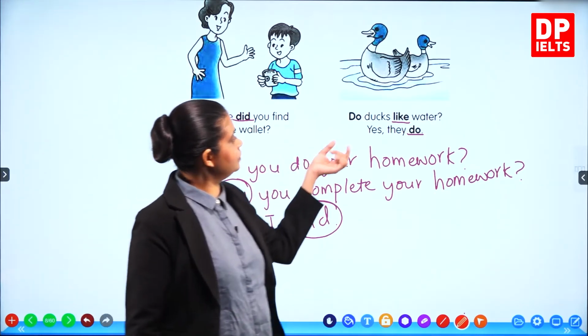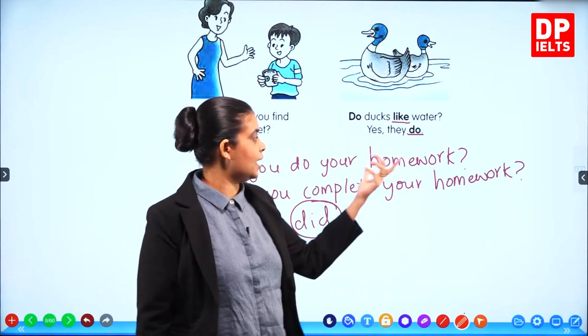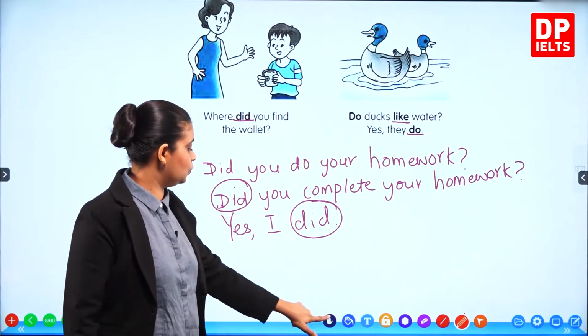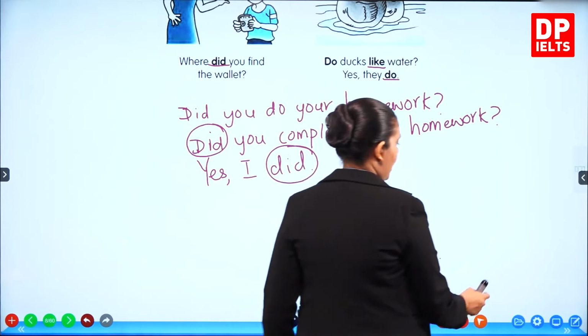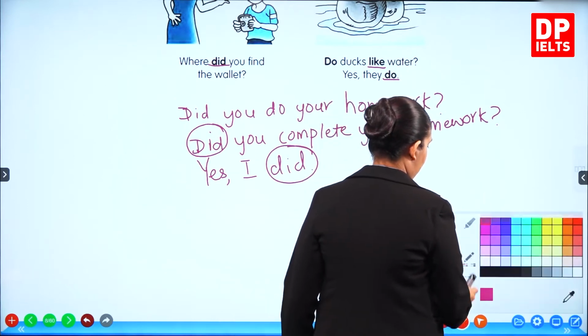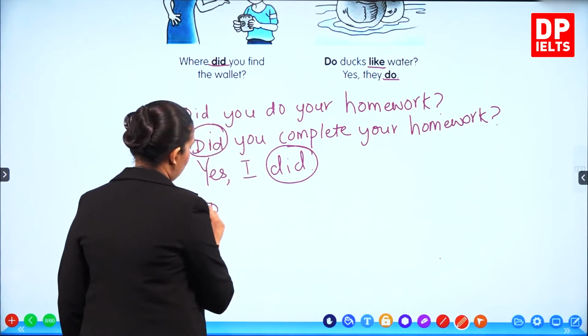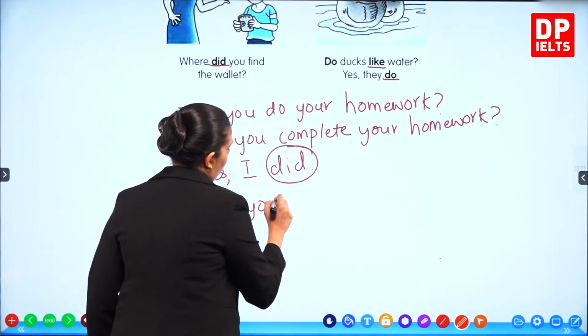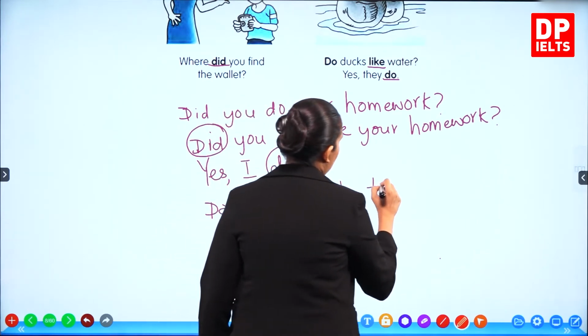Now, do ducks like water? Yes, they do, right? So same way here, you could also use do and does, right? So example, do you like to travel?